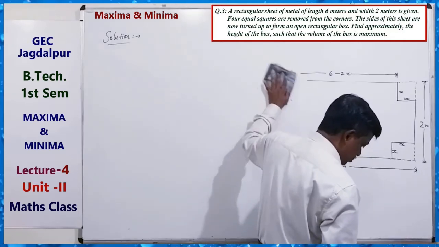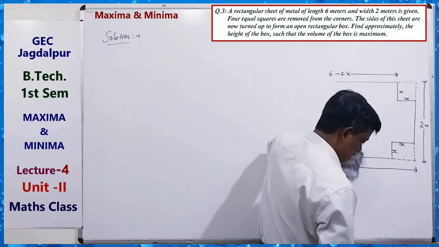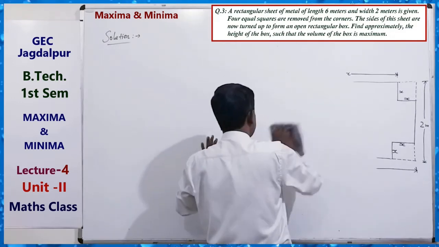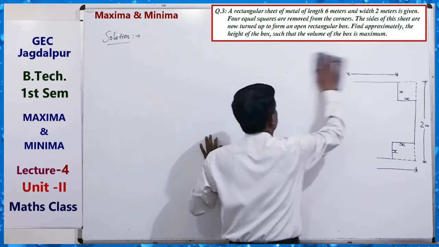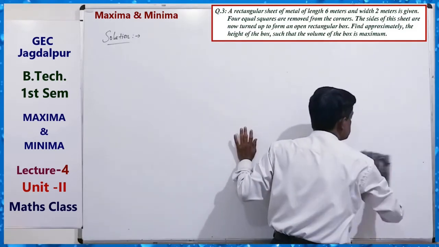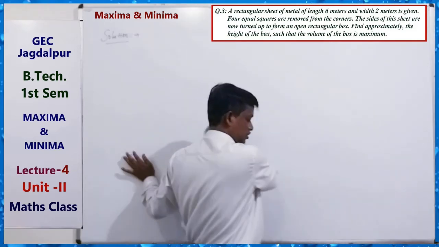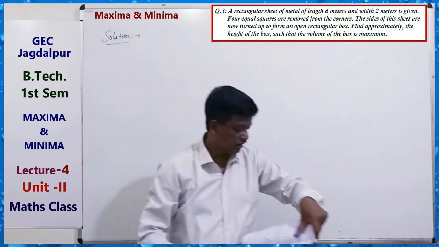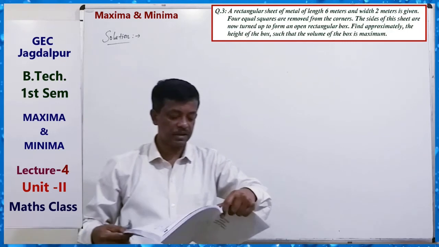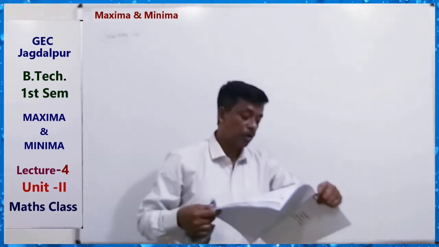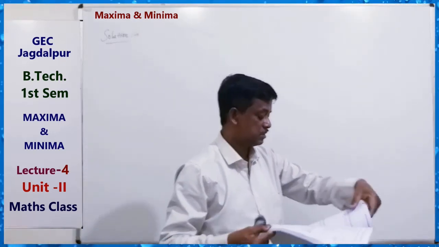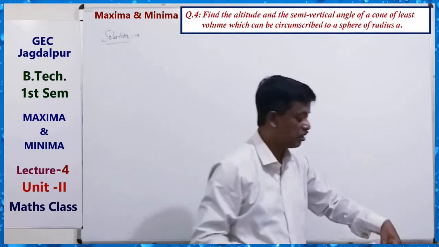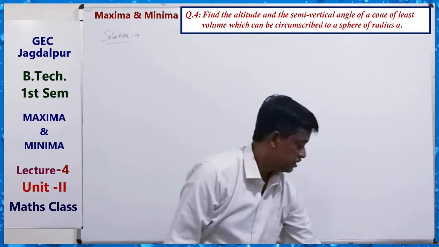Find the altitude and the semi-vertical angle of a cone. Semi-vertical angle and altitude means height of the cone. Okay. Altitude and semi-vertical angle of a cone of least volume which can be circumscribed to a sphere of radius a.